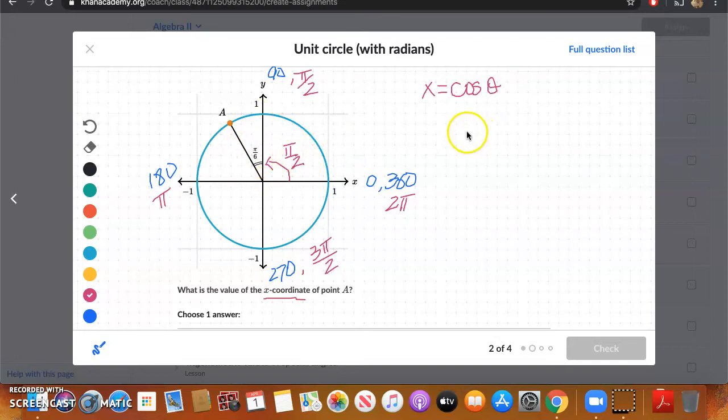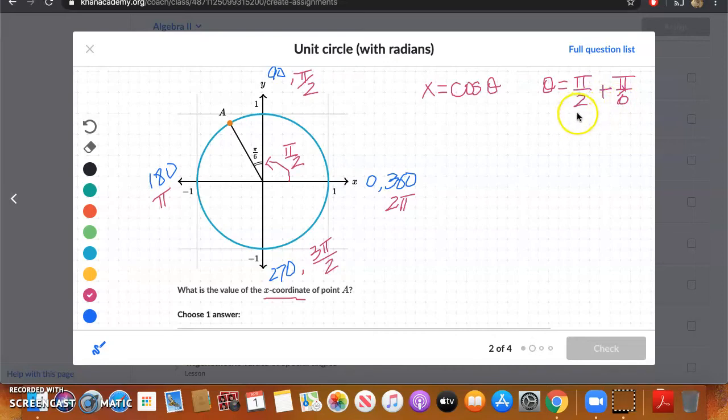So let's see what we get. That's going to be our theta right here. Our theta is going to be pi over 2 plus pi over 6.